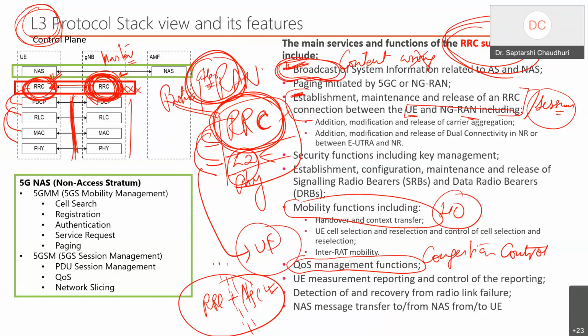Okay, so without a broadcast channel, the device doesn't know anything about the network. So RRC plays a big role there to tell a lot of things with respect to the timers, counters, the handover thresholds, a lot of things we tell to the device actually. So that has to go prior to any data transfer.